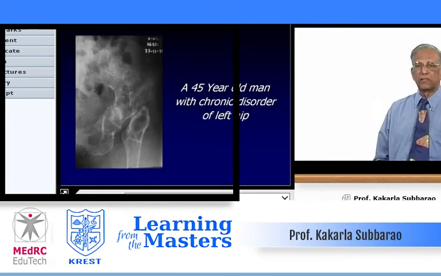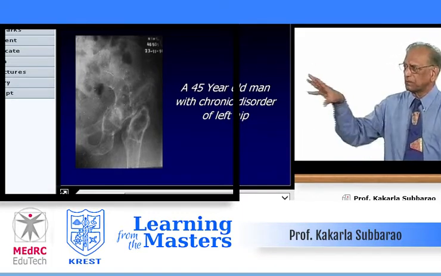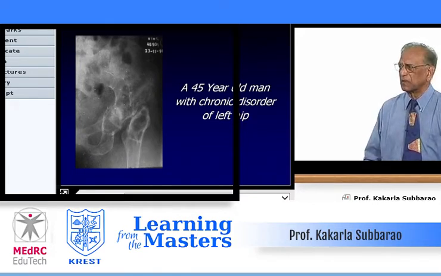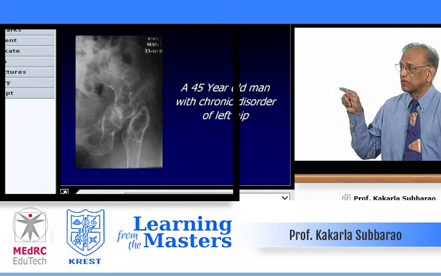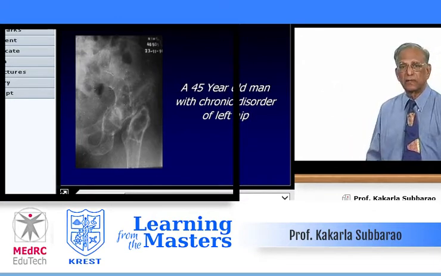Now, the next case is a 45-year-old man with chronic disorder of the left hip, chronic pain. He has been complaining, going from hospital to hospital. These are the plain films. The neck is completely absorbed. Multiple cystic changes are noted, both in the acetabulum, extending into the iliac bone, and in the trochanteric and subtrochanteric area of the femur.